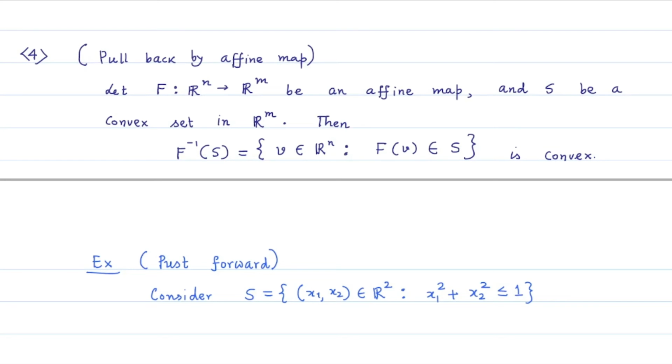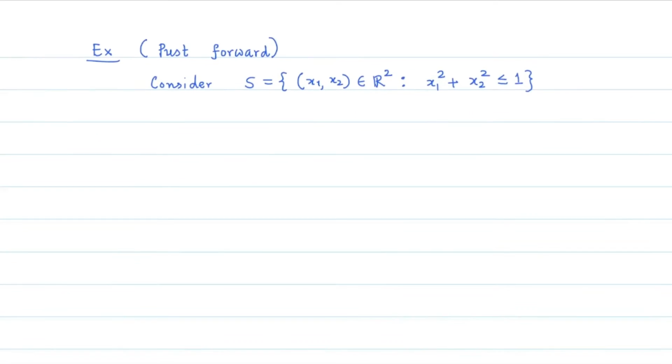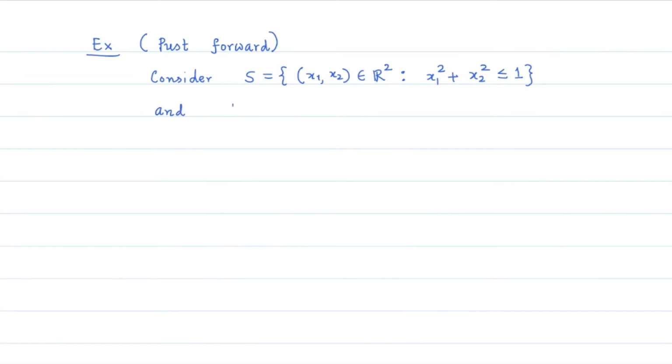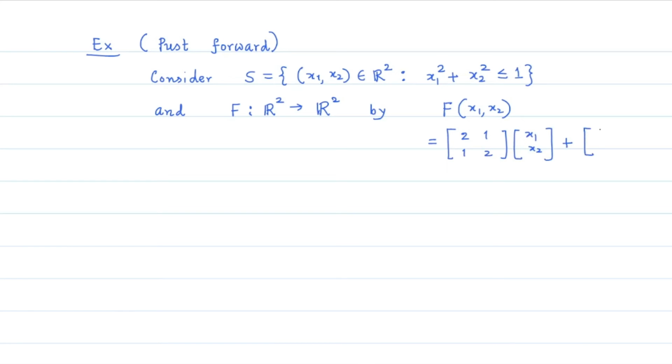This we all know is a convex set. Now we consider an affine map from R^2 to R^2 given by f(x1, x2) equal to a 2 by 2 matrix, say [2 1; 1 2], times the vector (x1, x2) plus a constant vector, say (1, 1). Here geometrically the set capital S we all know is a circular disc, say this disc having radius 1 centering at origin.